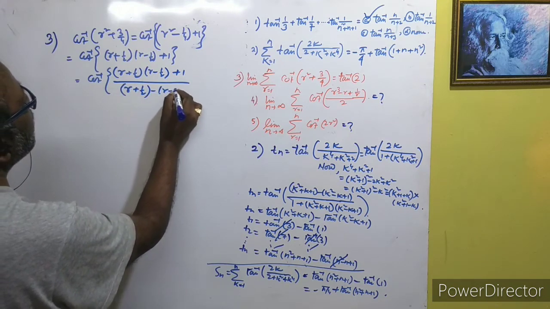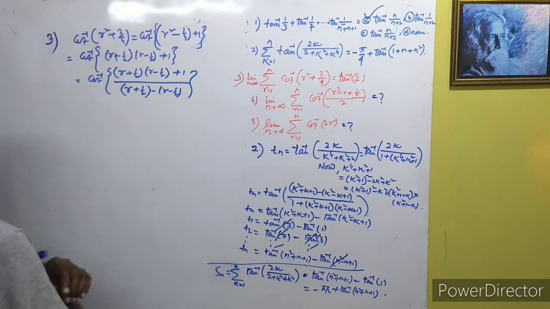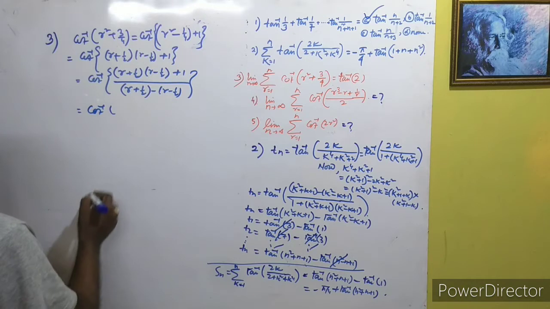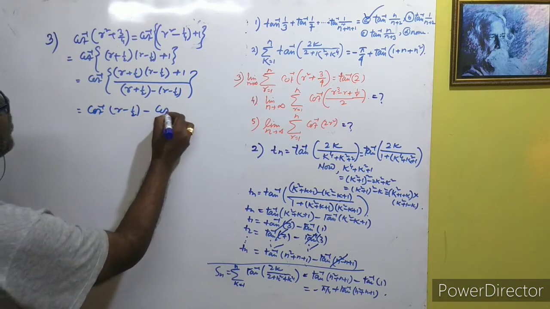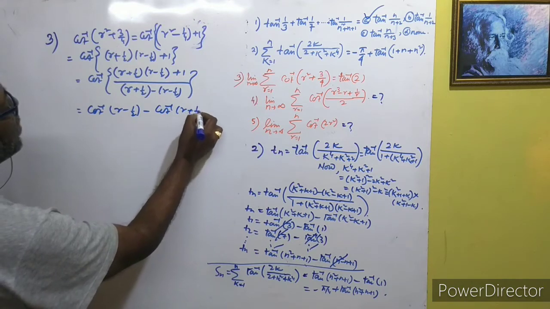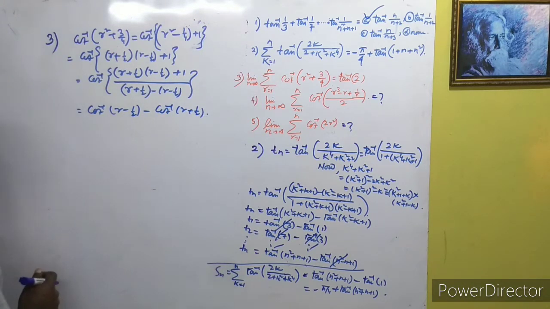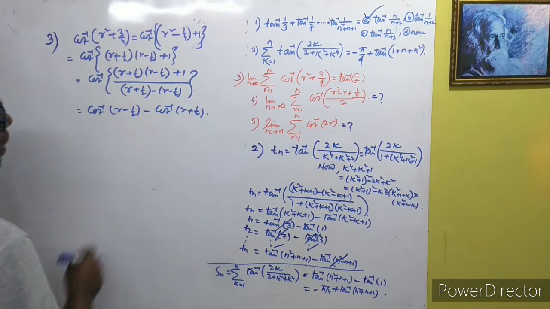Okay, so sum is 1, so this is here 1, so we can apply the formula, that is cot inverse r minus half minus cot inverse r plus half. Okay, the sum here, summation. So now we have to find the limit also there.